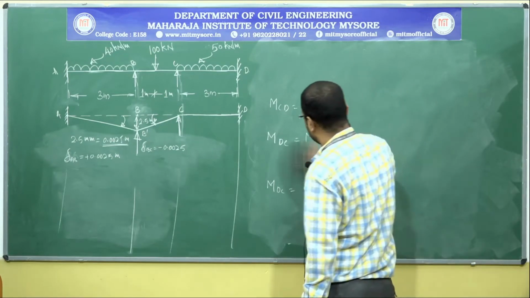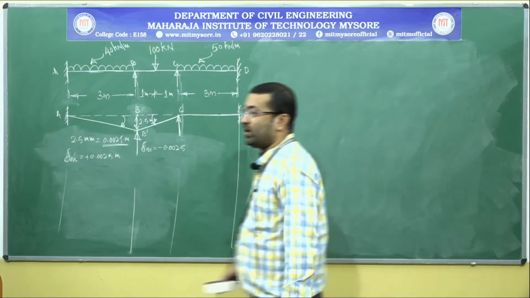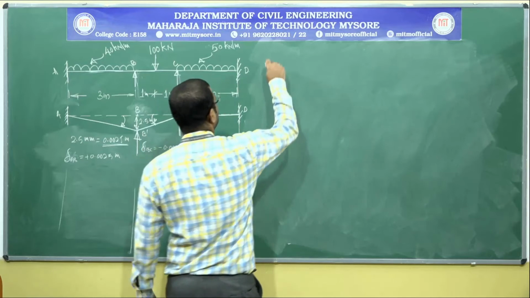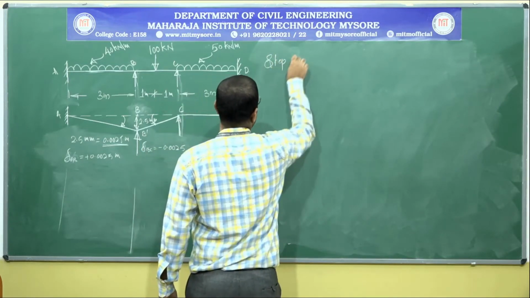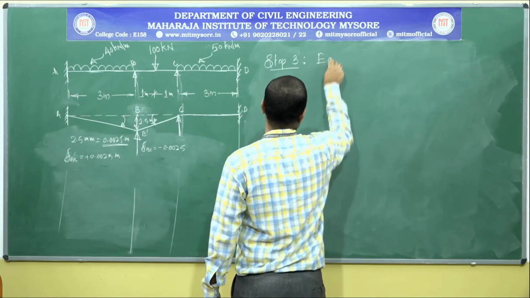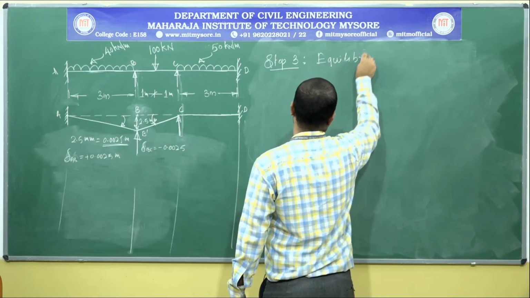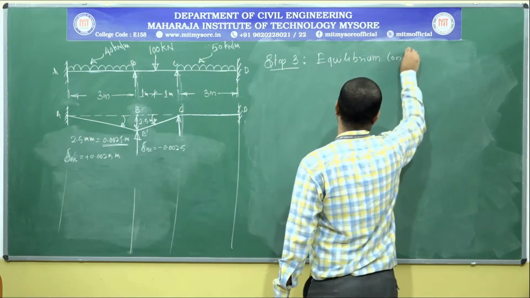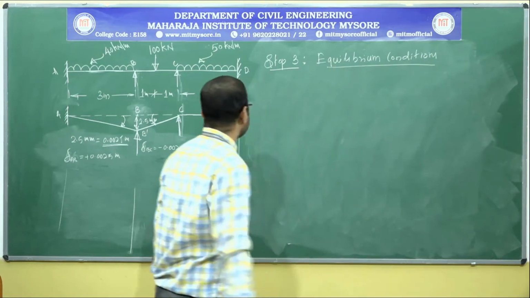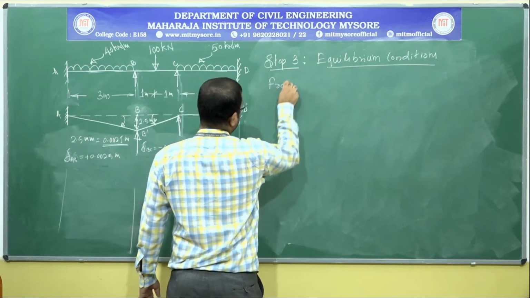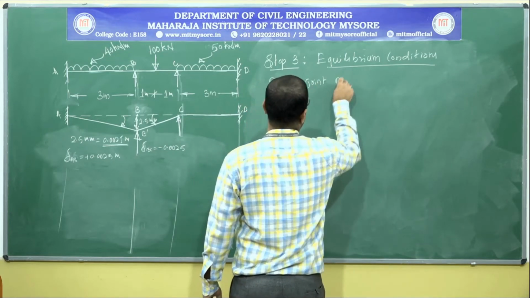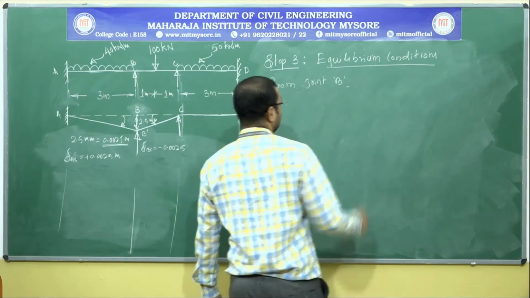So we need to write the equilibrium conditions at the same points so that we can determine the values of theta B and theta C. So step number 3, equilibrium conditions.